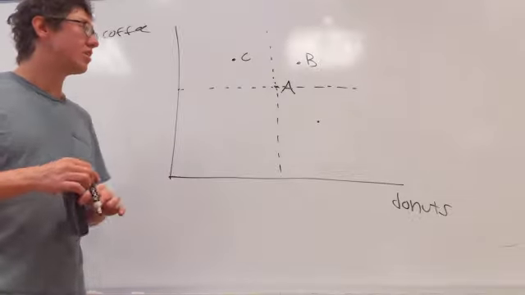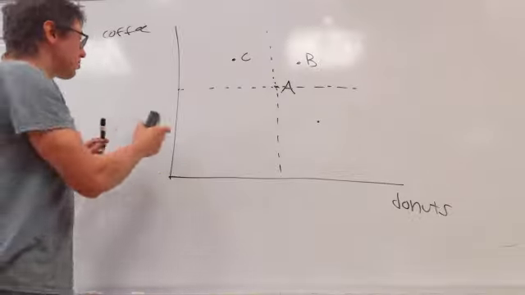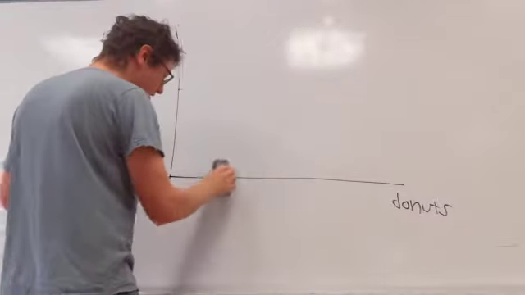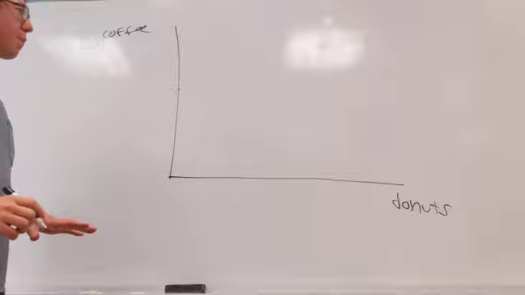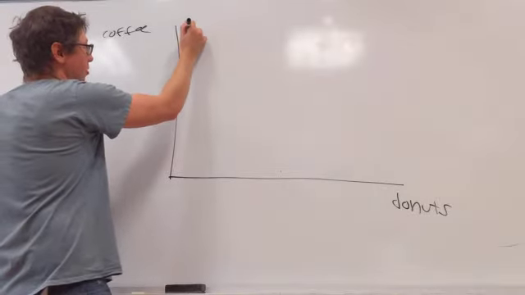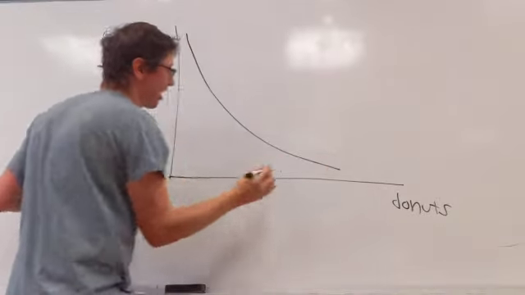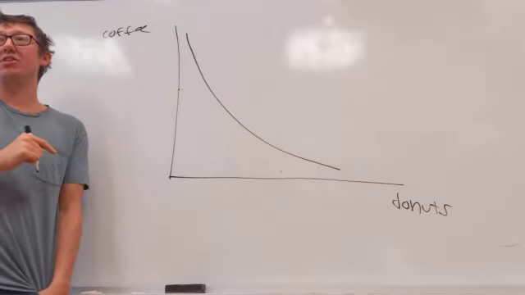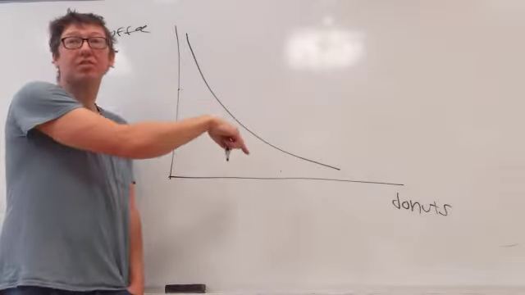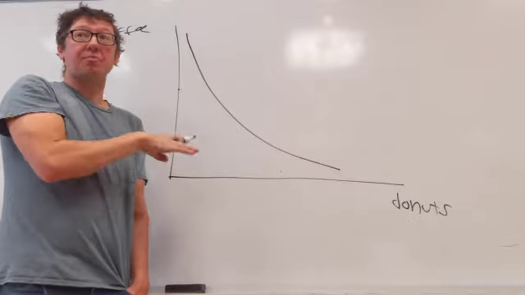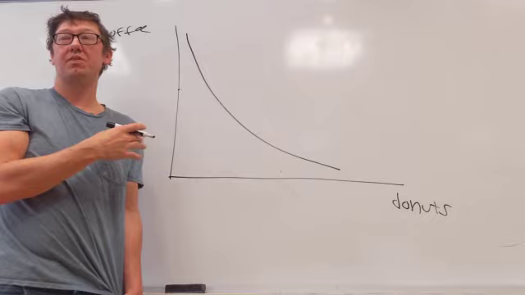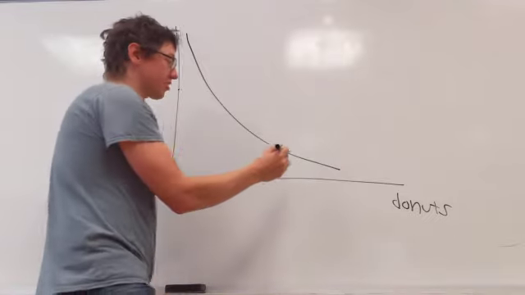So if that makes sense, let's introduce the actual thing of an indifference curve. An indifference curve, which I'll draw with this shape almost always, kind of convex to the origin, is a set of points, a set of bundles, such that by construction the consumer is indifferent between them. That's why it's called an indifference curve.